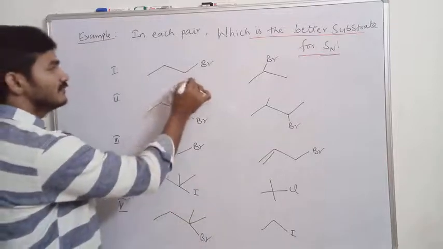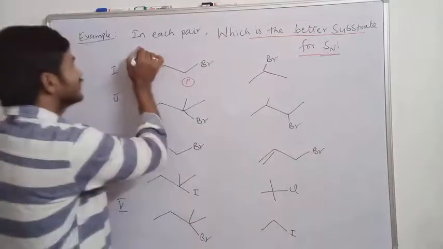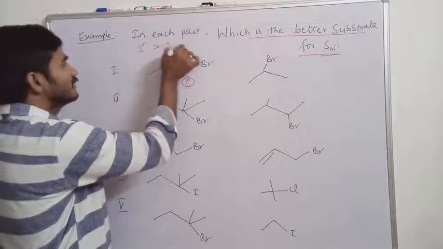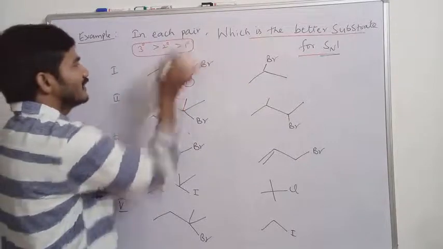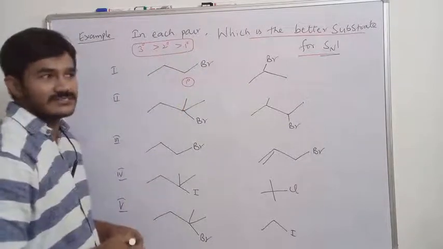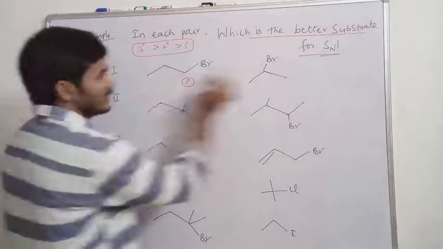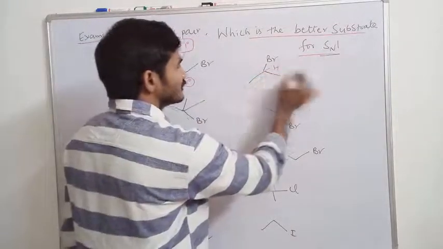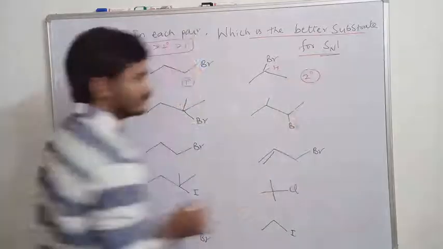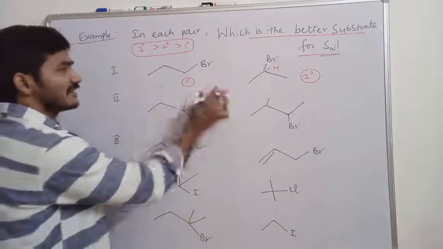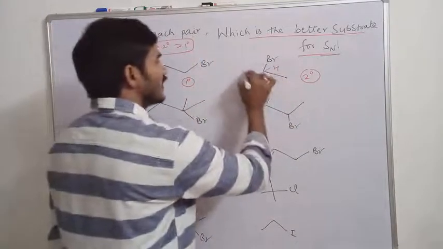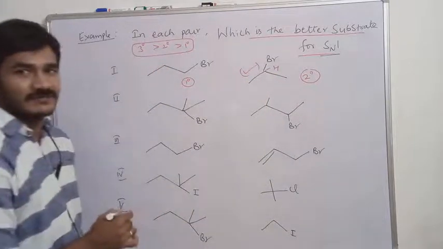This is primary. I already told you the order: tertiary greater than secondary greater than primary. This is the order of reactivity of alkyl halides towards SN1. This is primary and this is secondary. Among primary and secondary, secondary is more reactive. This undergoes reaction fast by the SN1 mechanism.